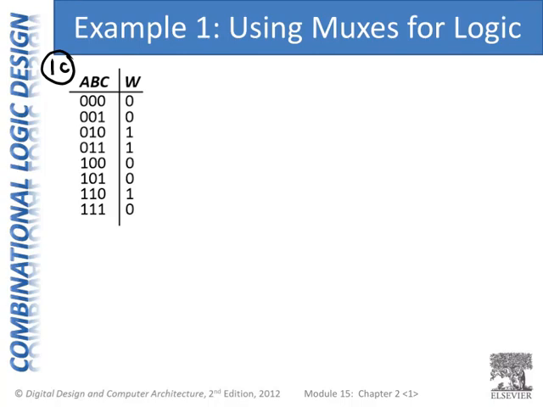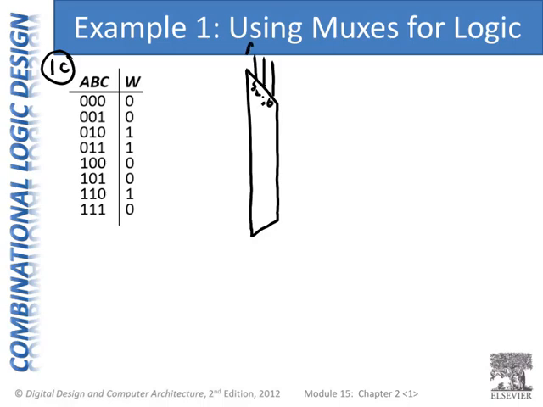And the easiest way to implement this is to use an 8-to-1 multiplexer that has log base 2 of 8, or 3, select lines. So there are select line 2, select line 1, and select line 0.